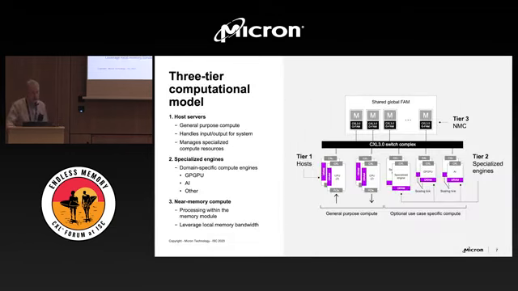Okay, so with this near-memory compute, with these accelerators, what you have is a 3-tier compute model. So tier 1 is your host systems, and all systems will have a host in it today, as well as going forward here. And that general purpose compute generally handles the input and output for your system.